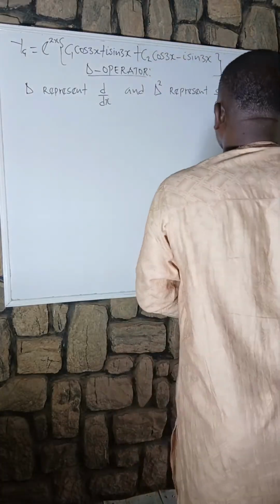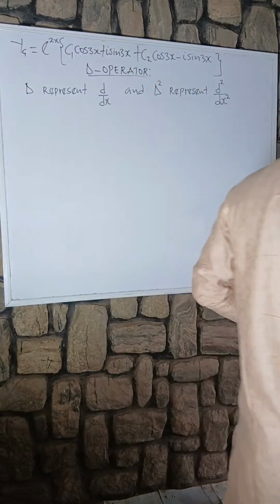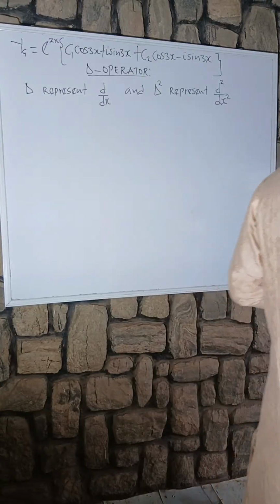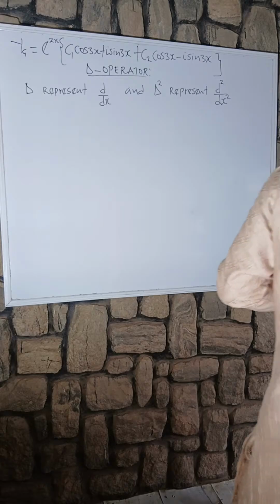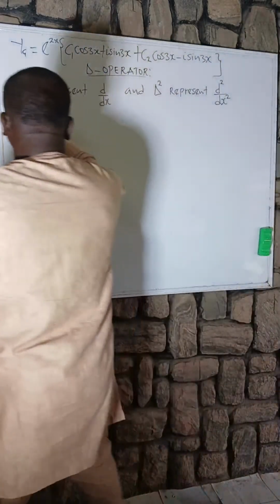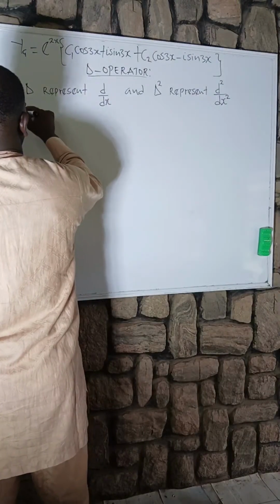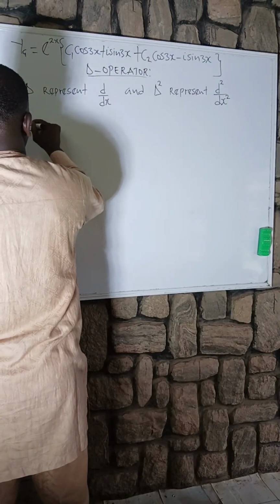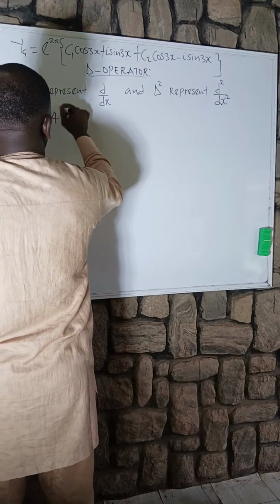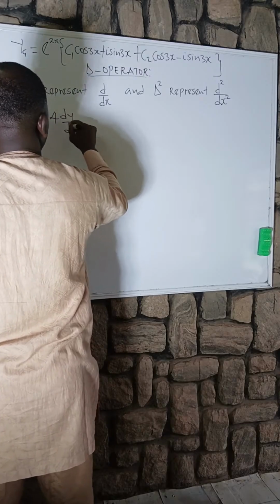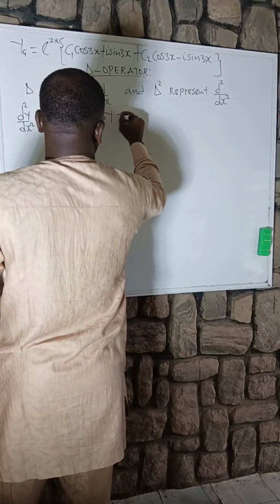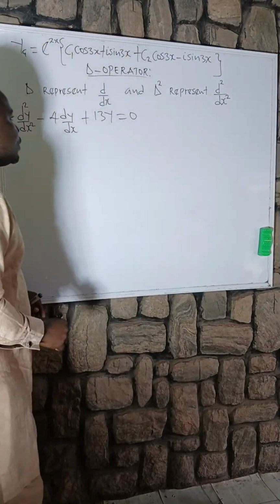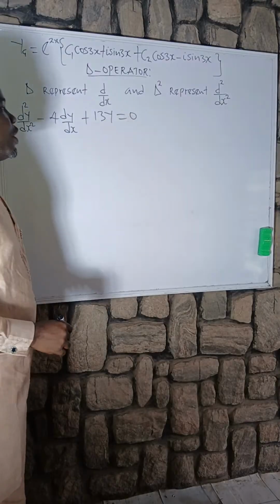Okay. So, fast forward. This is the equation, right? d squared y all over dx squared minus 4 dy all over dx plus 13y equals to 0. They said use D operator.